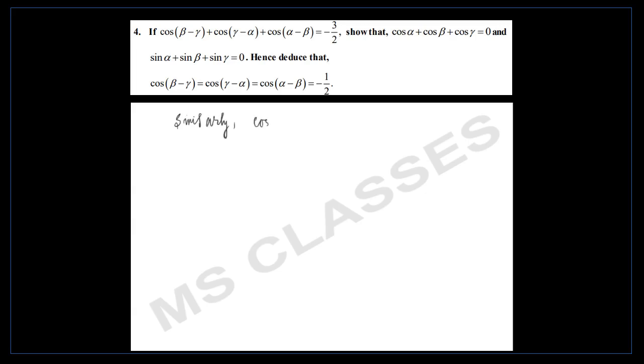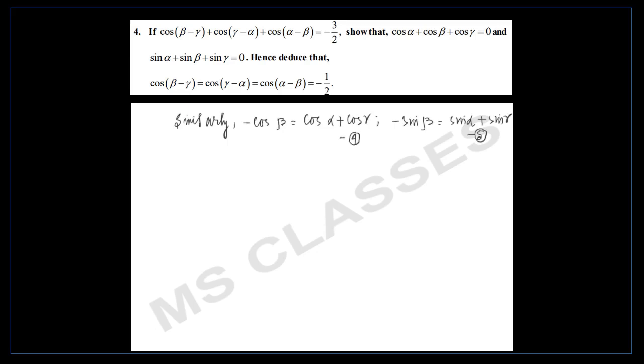So similarly we can write minus cos beta equal to cos alpha plus cos gamma, and minus sin beta equal to sin alpha plus sin gamma. Now this we mark as 4, this we mark as 5.